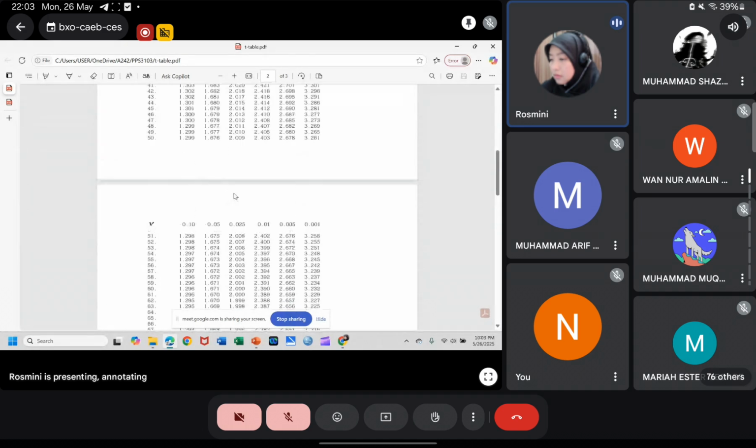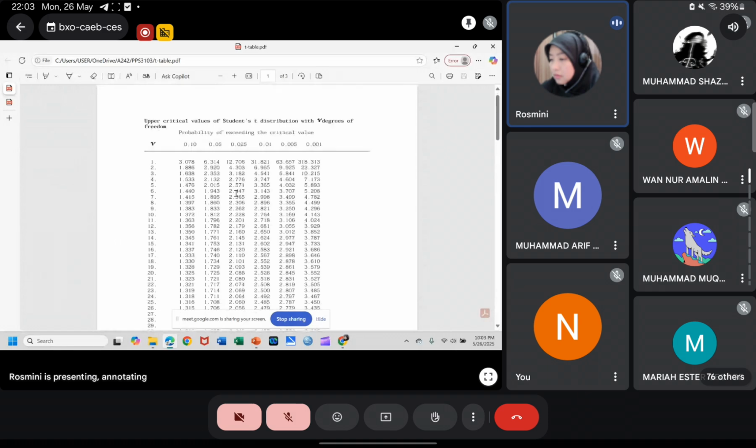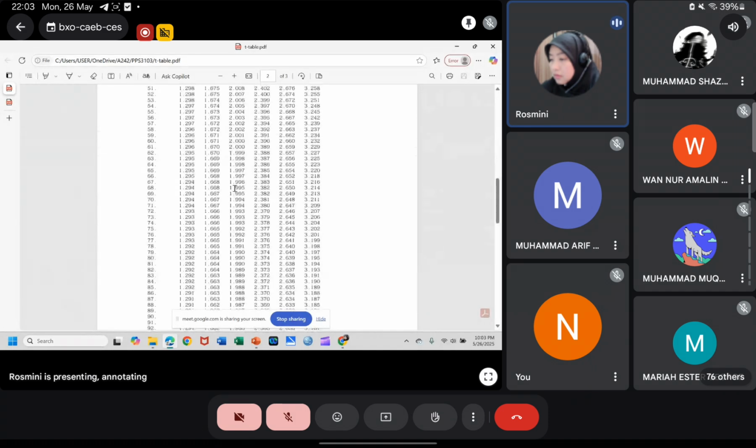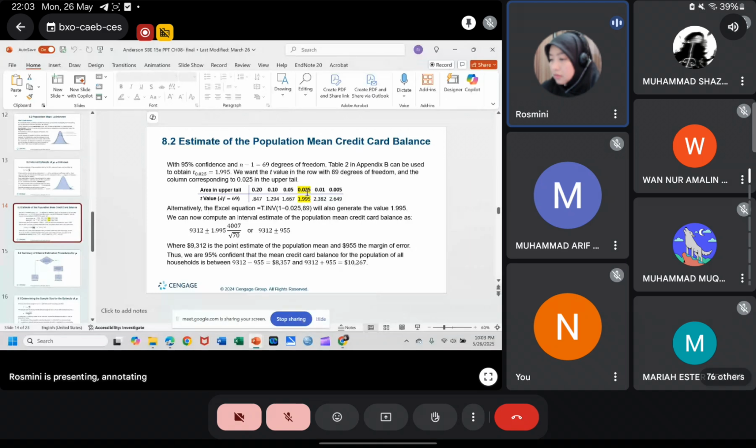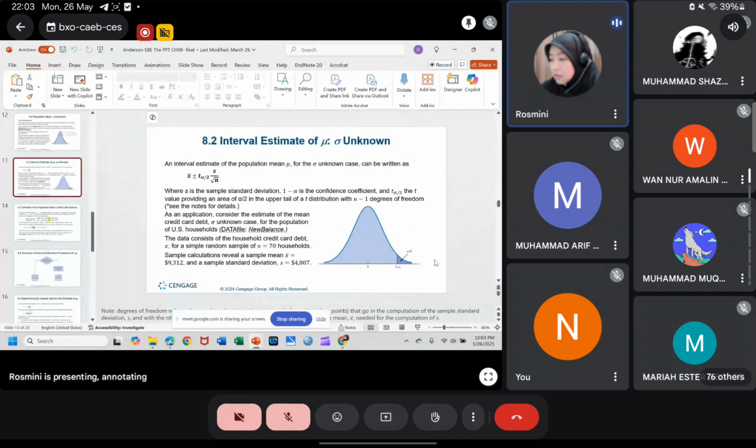So the answer is 1.667, isn't it? Just now I said that, because that is 0.05. So 0.05 is 1.667, but we go for 0.025 because alpha is divided by 2.